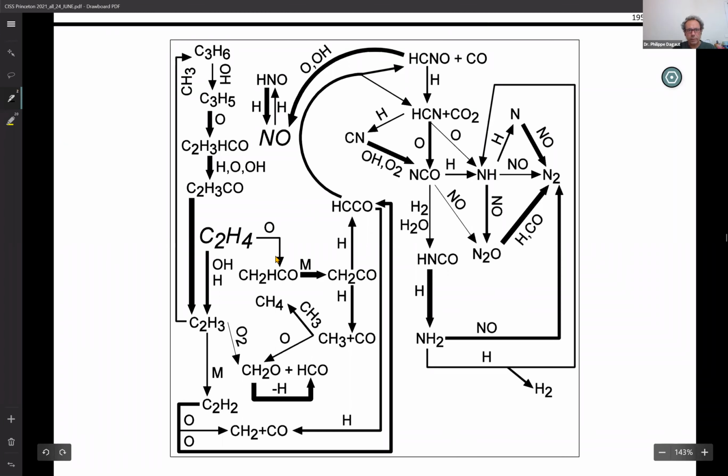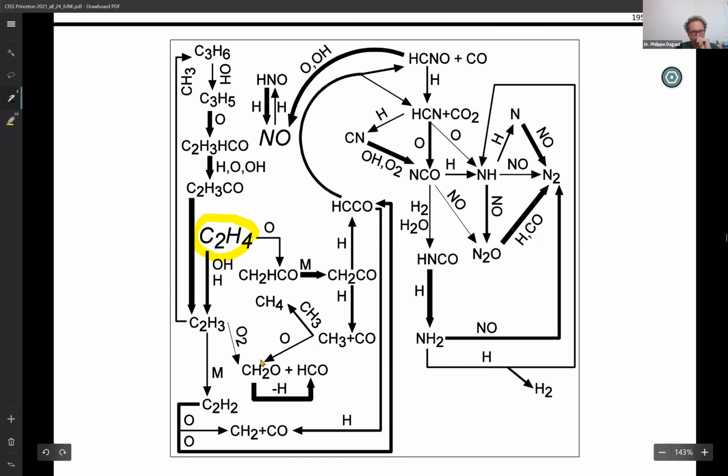Ethylene is oxidized by reaction with OH and O. It can also react by H atom abstraction with H, producing vinyl radicals, which can produce acetylene by decomposition.